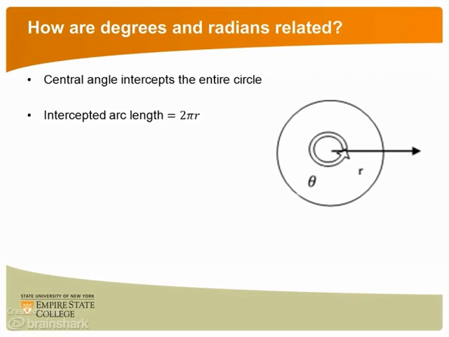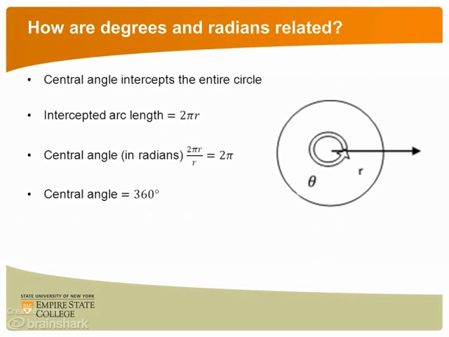Therefore, the intercepted arc length is equal to the circumference, which can be calculated as 2 times pi times the length of the radius. To find the measure of the central angle, we divide the length of the intercepted arc, 2 pi r, by the length of the radius, r. This simplifies to 2 pi.